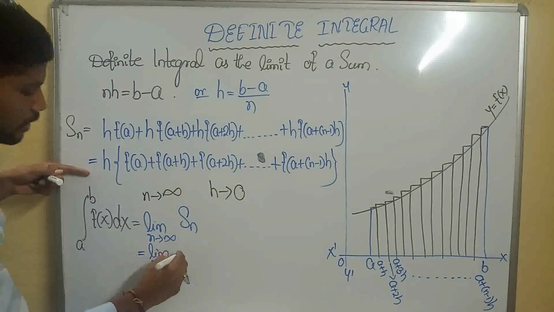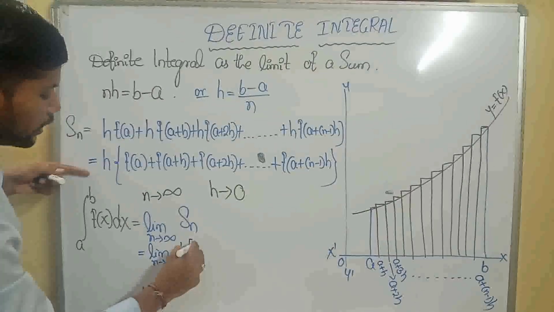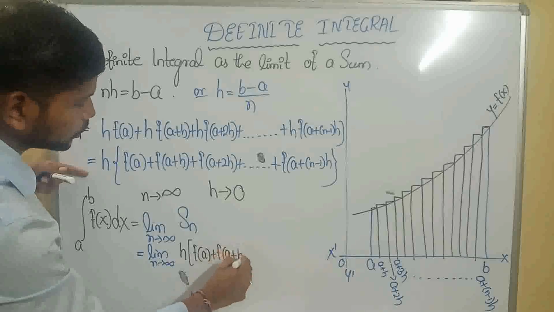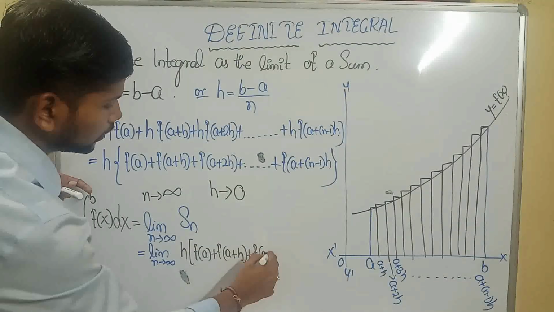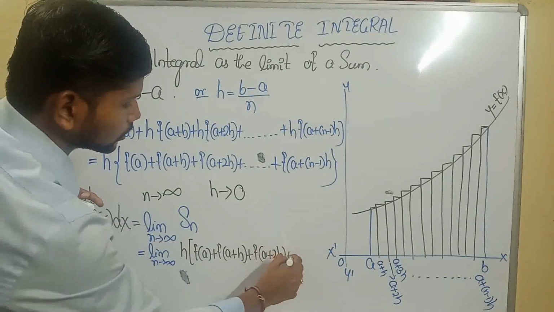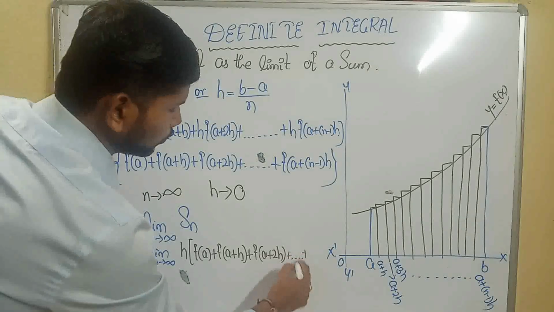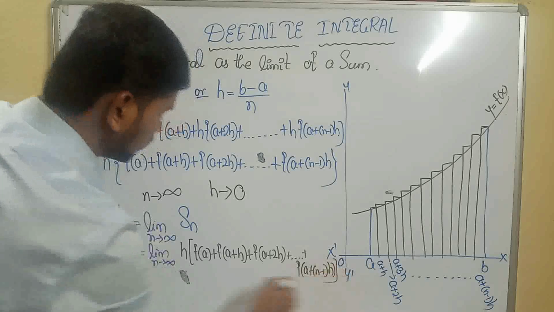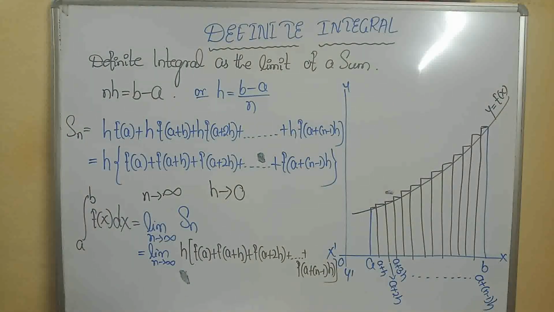We already prepared it. S n is h into the bracket f of a plus h plus f of a plus 2h, and so on up to the last term, f of a plus n minus 1 into h. Got it? Now here n tends to infinity.